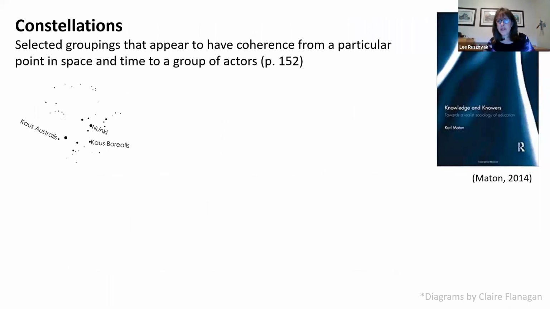So I'm going to start with Knowledge and Knowers, where Carl introduces constellations as selected groupings that have coherence, that belong together from a particular stance, a particular point in space or time, to groups of actors.